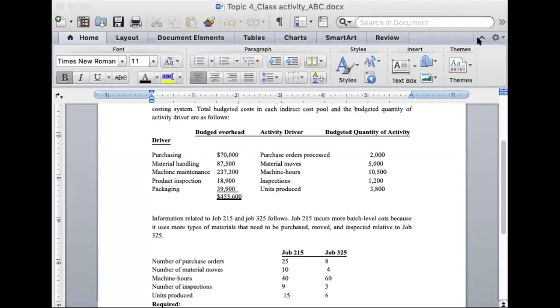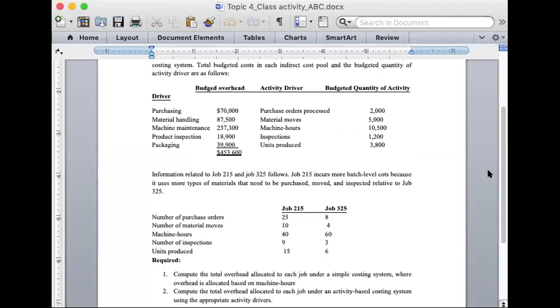Can you see this document? Say something, yes or no? Okay.